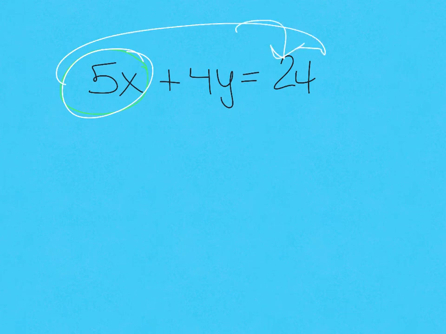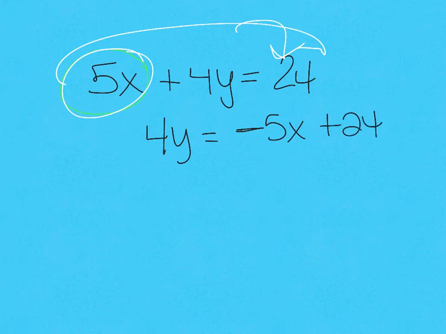So we're going to have 4y equals negative 5x plus 24. Okay. The next thing we're going to do is divide every term by the coefficient of y.